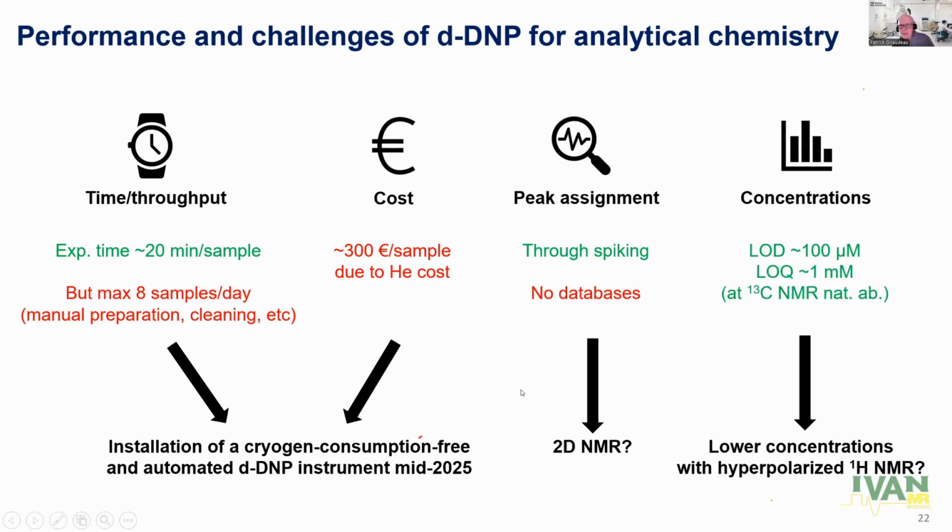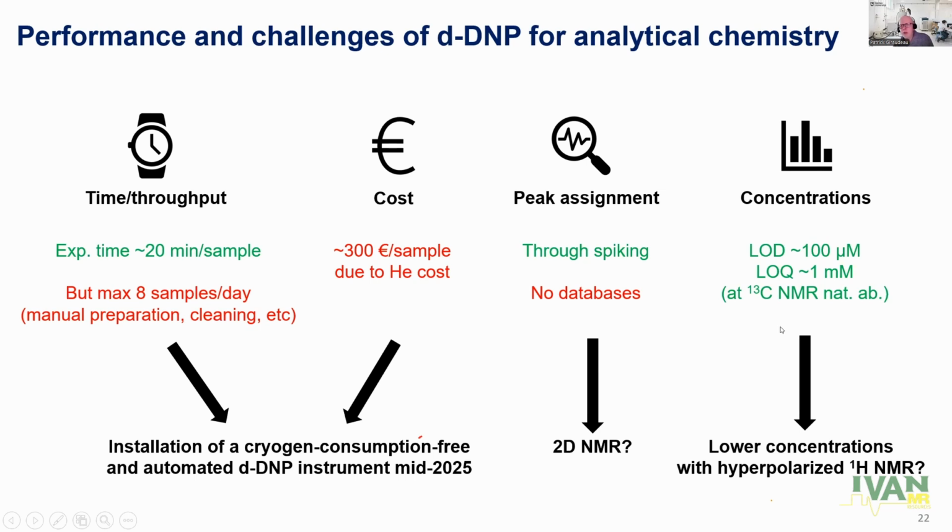And then there are also some discussions that we can have about concentration because, contrary to what Indrek will show you, the concentrations that we are able to reach are good, but the limits of detection that we reach with C13 NMR at natural abundance are roughly the same as the ones you would reach with conventional proton NMR without hyperpolarization.